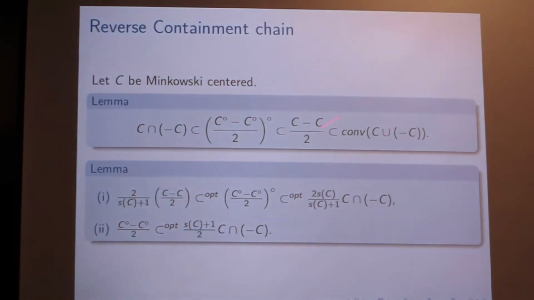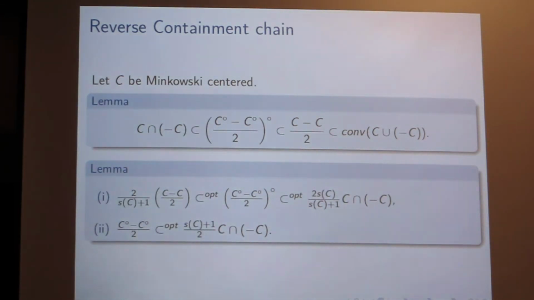So we showed that if we want to have the reverse chain, we have to multiply with this factor, 2s plus 1. And then we have the inverse chain, and all of these bodies will be optimally contained in each other. Optimal means that you cannot find a bigger scaling factor so that it will be contained. And we connected all of these means.